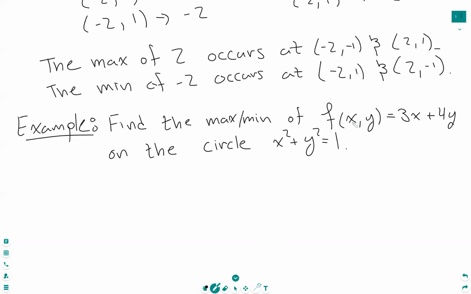So the thing that we're trying to minimize or maximize is this function f here, this 3x plus 4y, and our constraint is that we're bound to the circle x squared plus y squared is equal to 1.